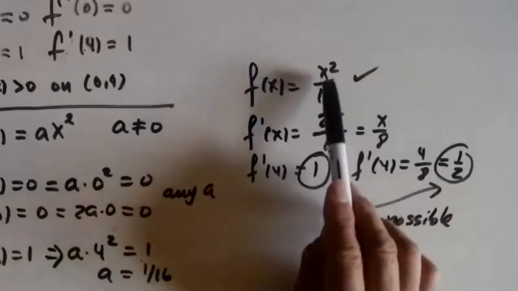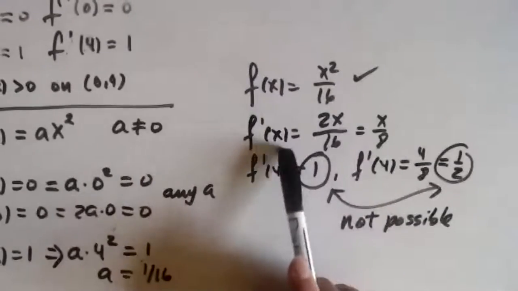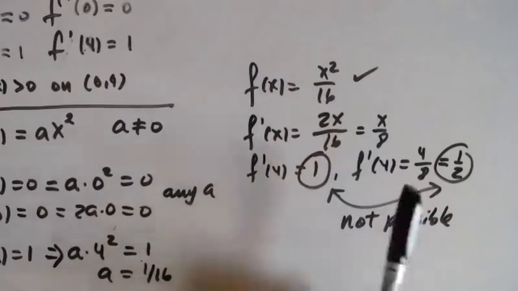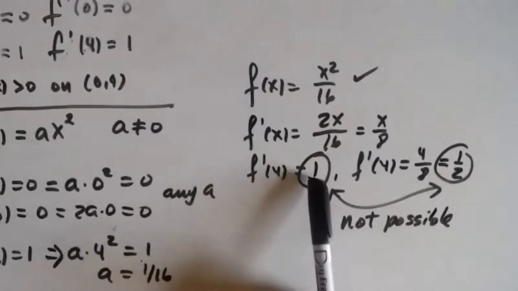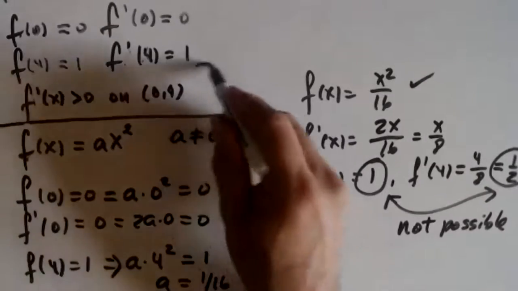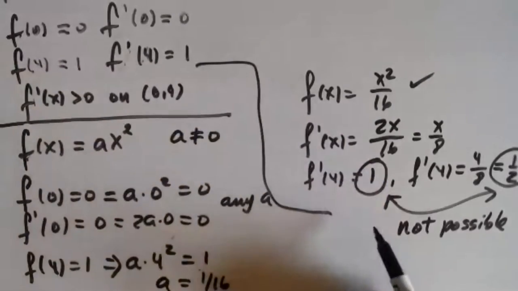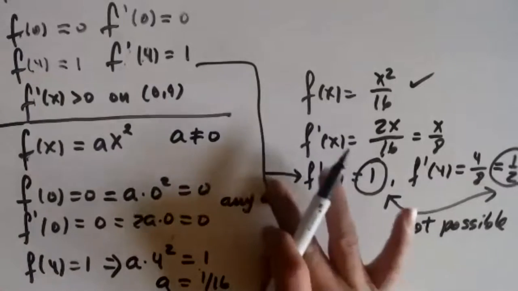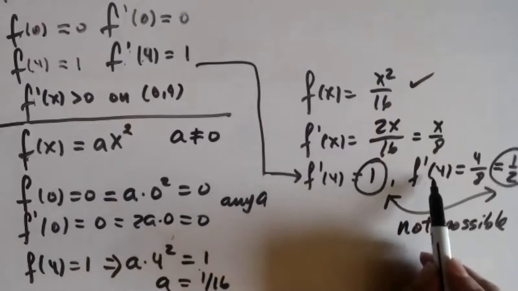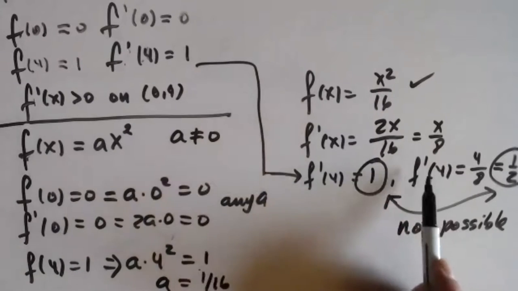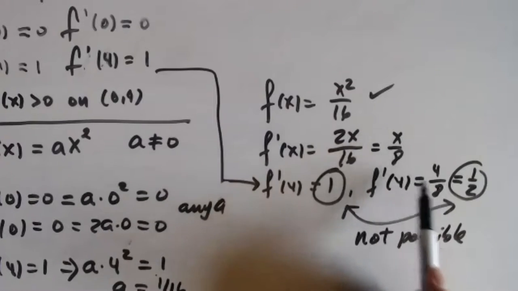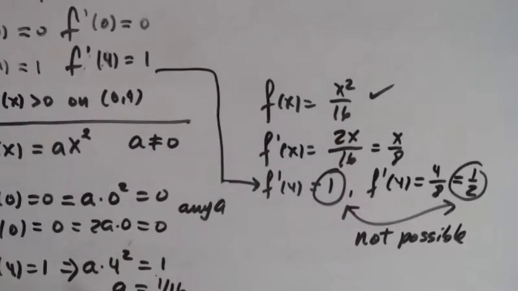So f of x is x squared over 16, then f prime of x is 2x over 16, x over 8. And I have the condition f prime of 4 equals 1, but according to the function I found, f prime of 4 is 4 over 8, which is 1/2. So not possible.